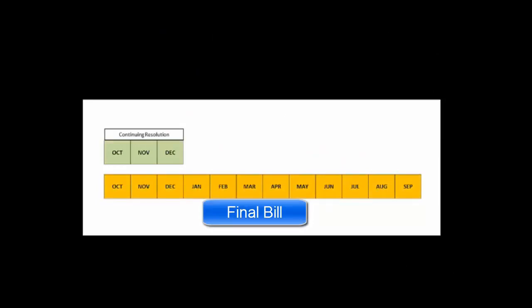In other words, you act as if that appropriation was around since the beginning of the fiscal year, and all funds are charged as if it started on October 1st. It's as if this CR had never happened.